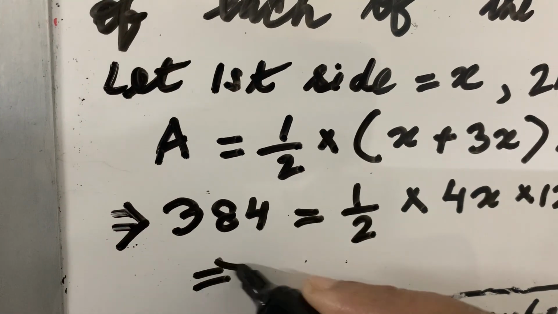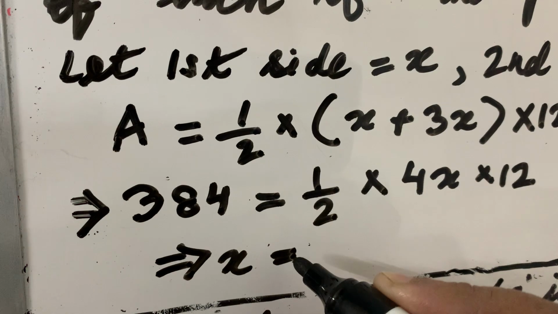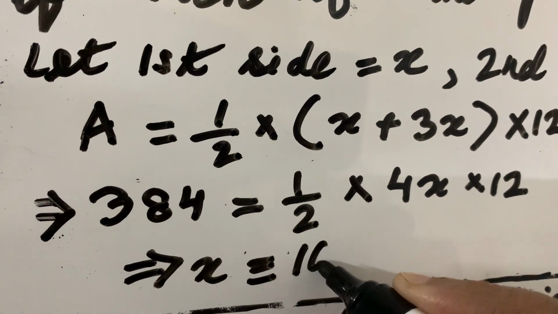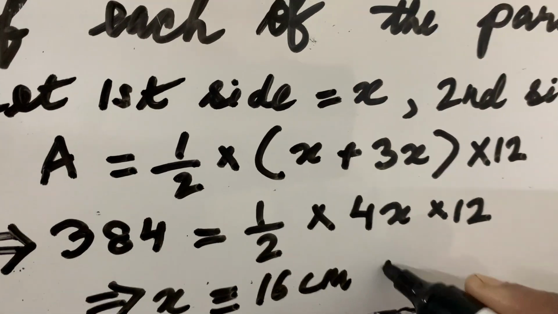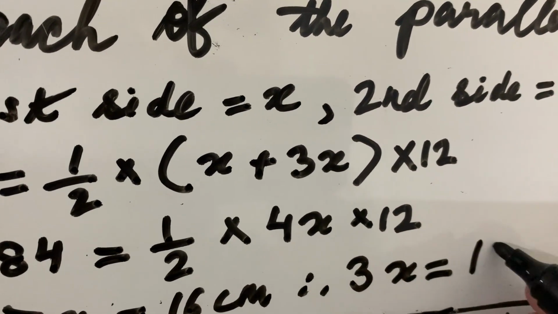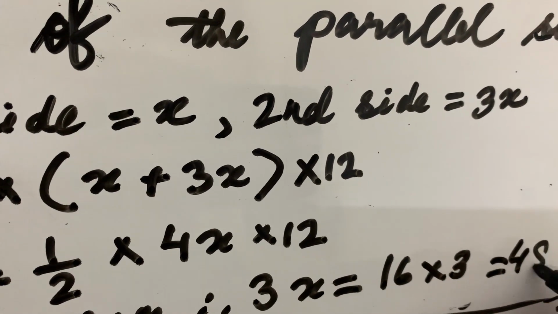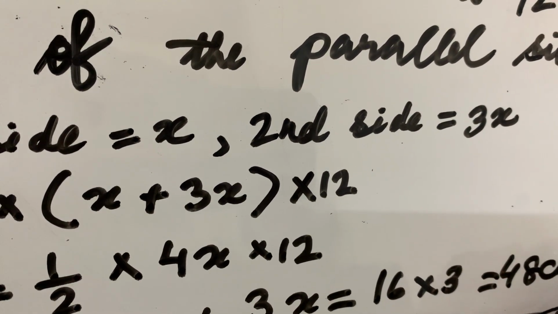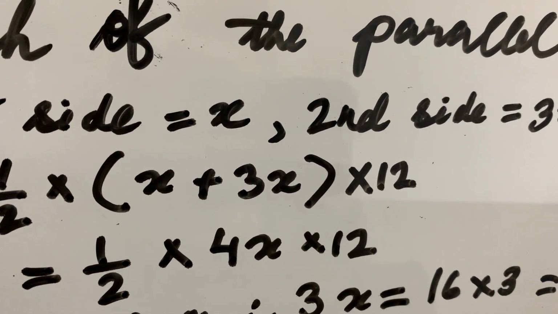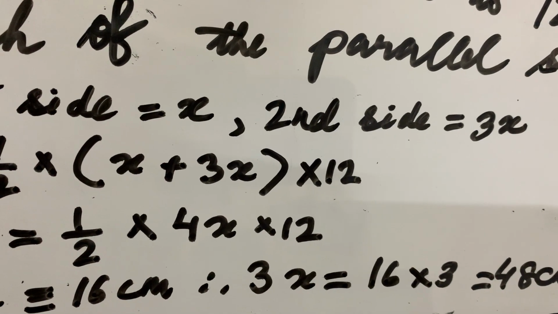If you do the calculation, you get x as 16 centimeters. Therefore, 3x will be 16 into 3, which is 48 centimeters. So we got the lengths of the sides as 16 centimeters and 48 centimeters.